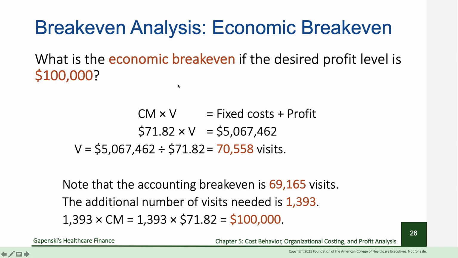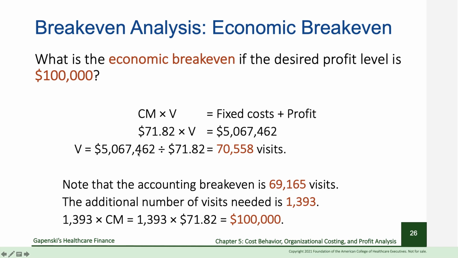What is the economic break-even if the desired profit level is $100,000? So now you are saying that you want to make a specified profit level of $100,000. You are adding the profit to the fixed cost, and on the left-hand side you still multiply the contribution margin with the volume, and you get fixed cost plus profit.